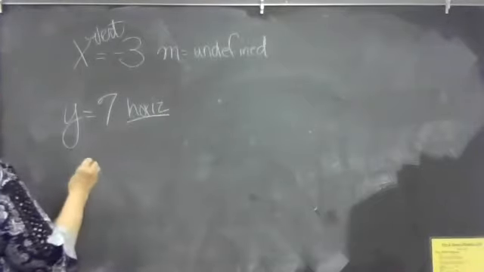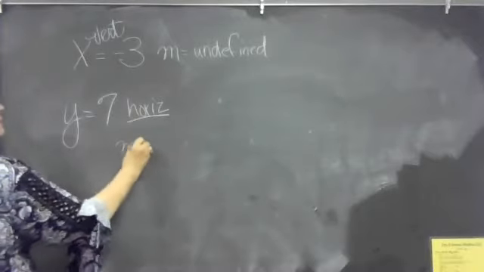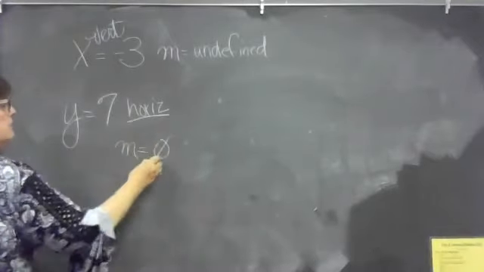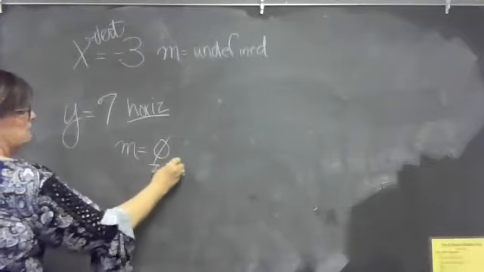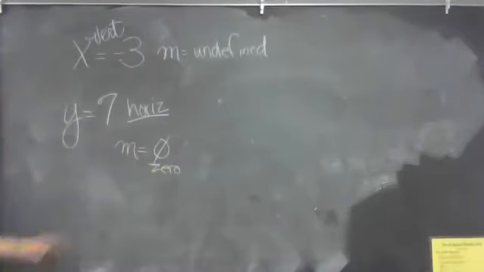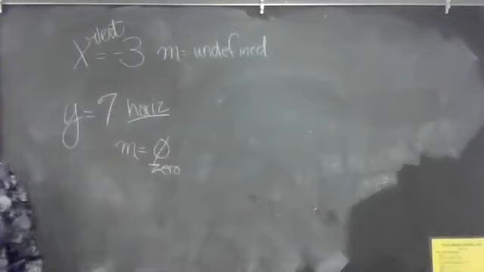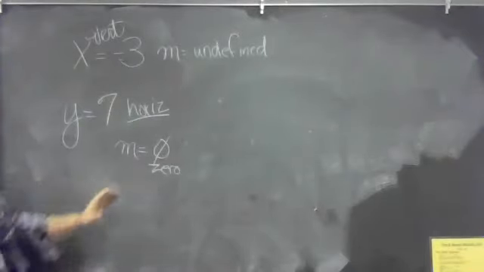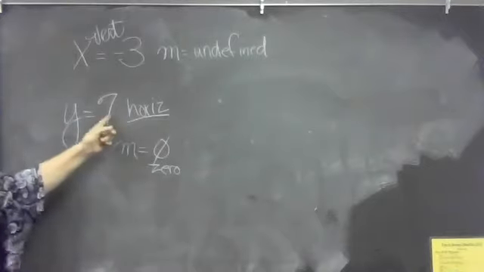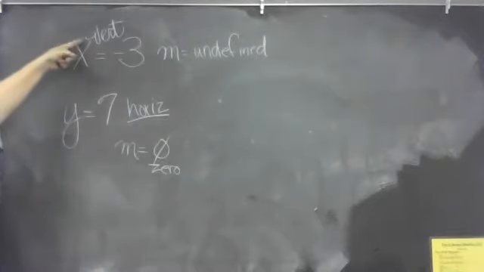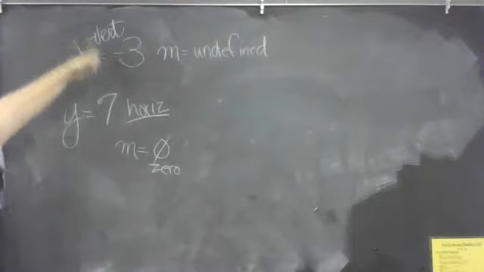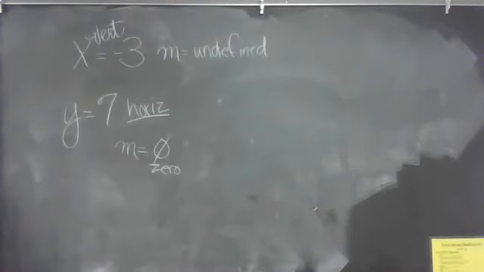It's a horizontal line and its slope equals 0. 0 and no slope are different. This one has a 0 slope. It's a horizontal line that goes through 7. If it's x equals a number, it's a vertical line that goes through that number.